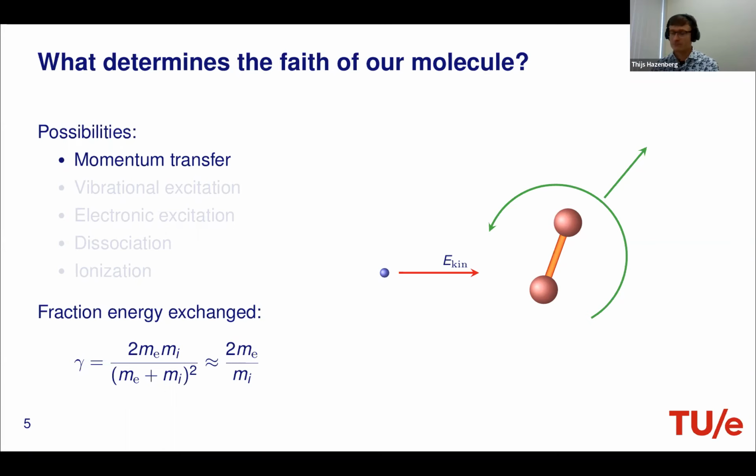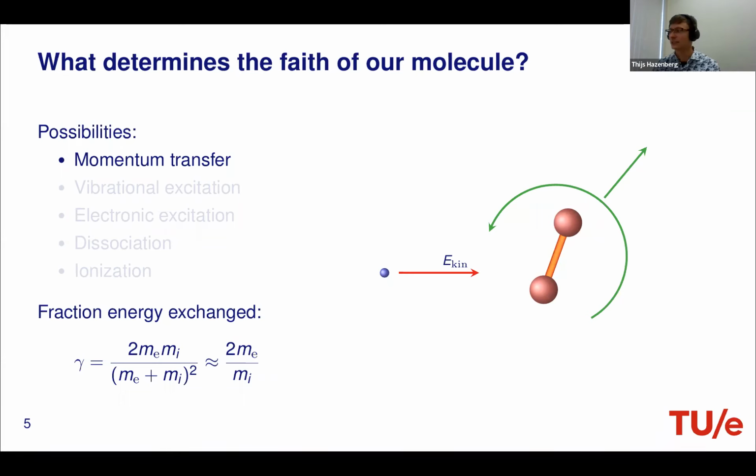When you derive both the balance of energy and the balance of impulse for a particle-particle collision, and you write it all out, you see that at most you can transfer the mass of the electron divided by the mass of the molecule times the energy. Given that an electron is much lighter than a molecule, you see that this energy transfer is very inefficient.